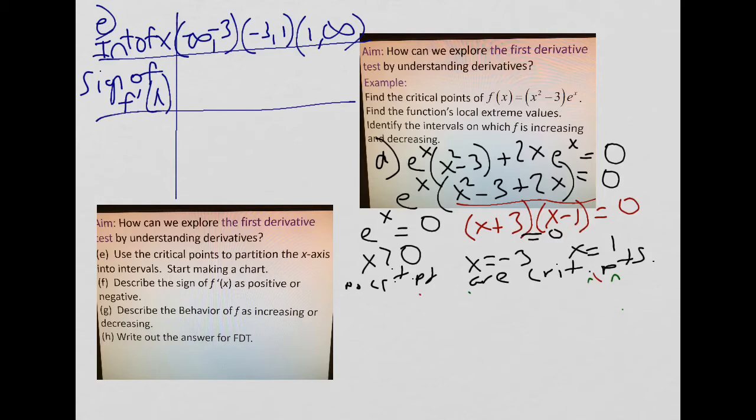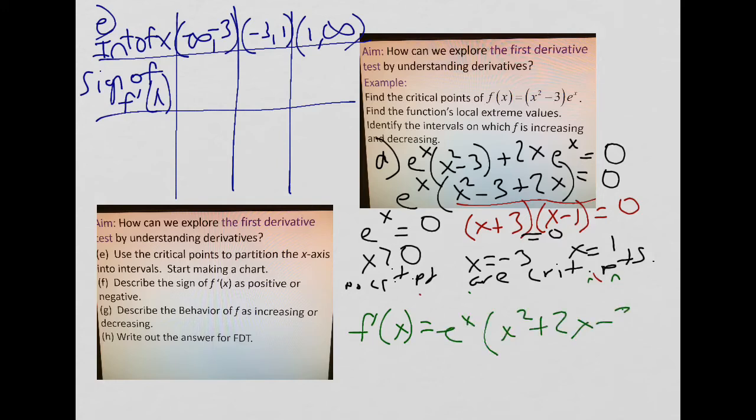When we do, we don't actually need the value, but we need to determine what sign we get. So let's take -4. If I plug -4 into f prime of x, little reminder here, this is our rewrite for f prime of x. We end up getting 16 minus 8, so 8 minus 3 is 5, times a value for e to the -4th power.